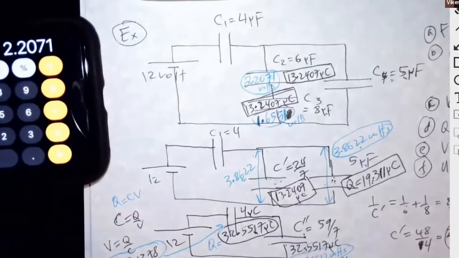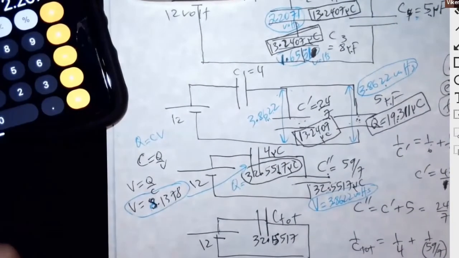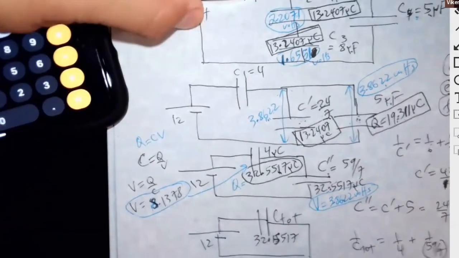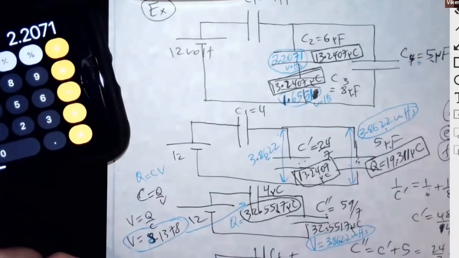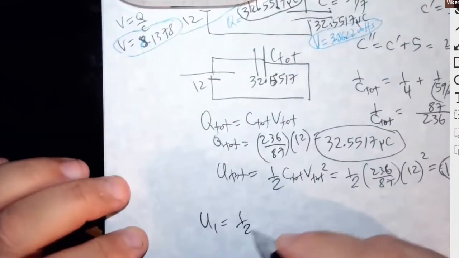Okay, then the next thing is, I guess, the energy, right? Let's do the energy of each one. So the energy U1, right? We could use any of the equations for energy. Half C1 V1 squared.